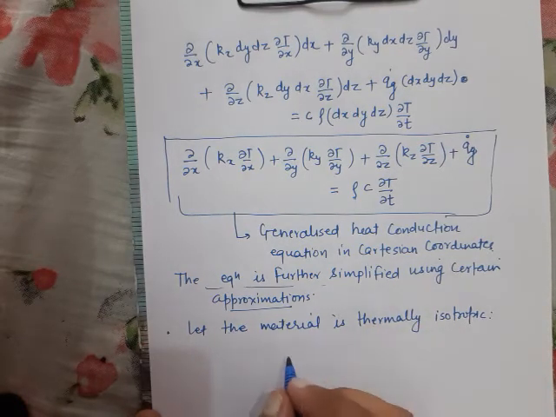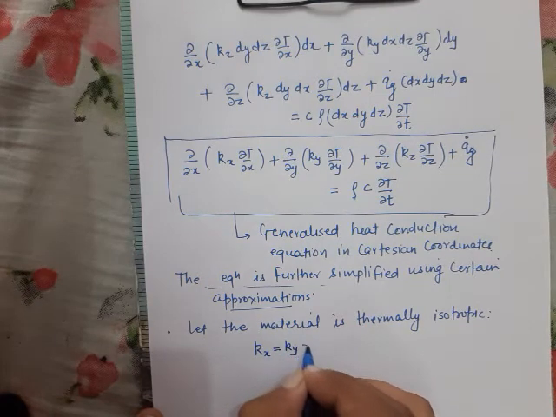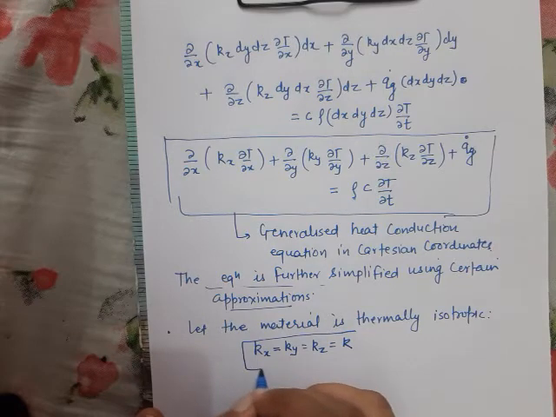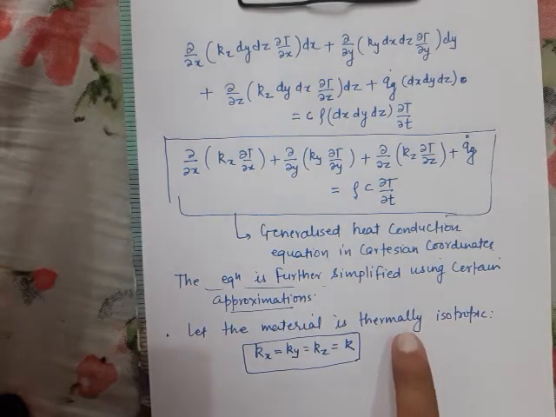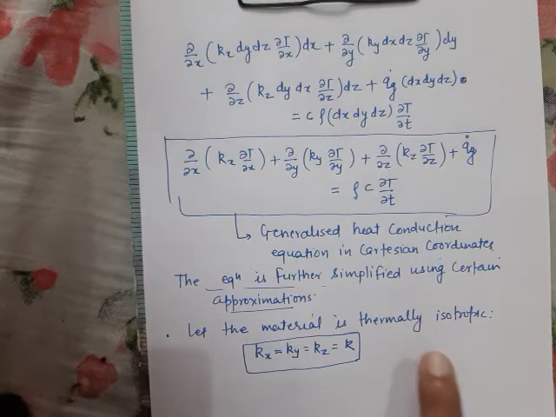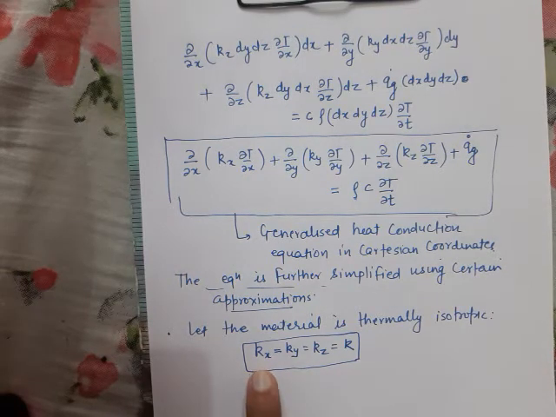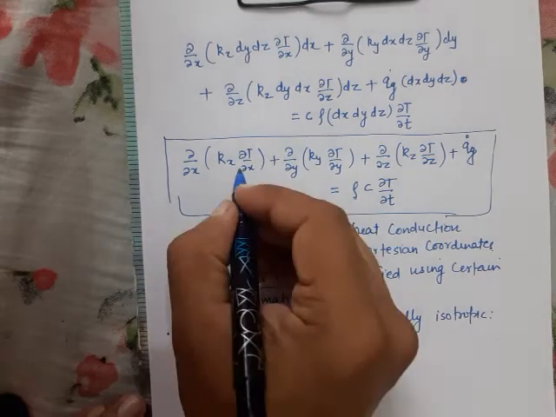The material is thermally isotropic means the value of thermal conductivity in each of the directions is the same, that is K. A thermally isotropic material is one in which the thermal conductivity is the same in each direction. That is, the same value of thermal conductivity is there along x, y and z directions, which is equal to k.